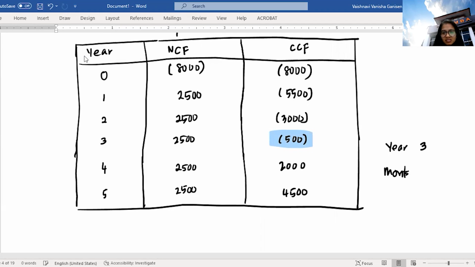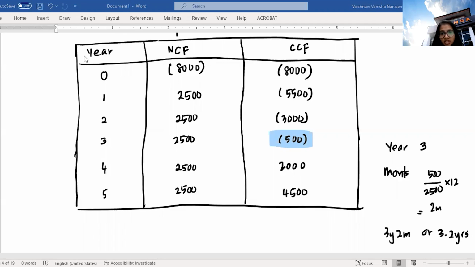The months would be 500 divided by 2,500 multiplied by 12, which is 2 months. So it's 3 years, 2 months, or 3.2 years.